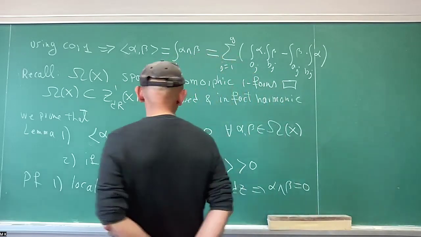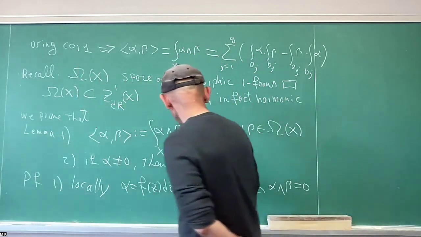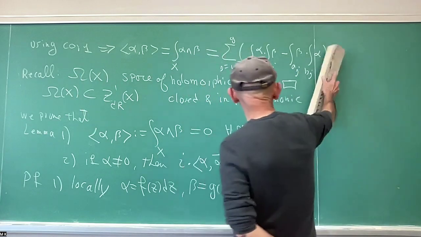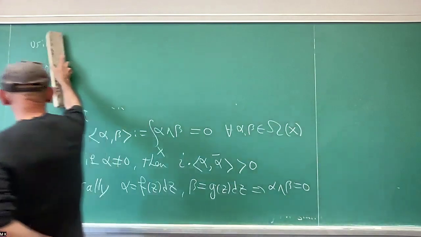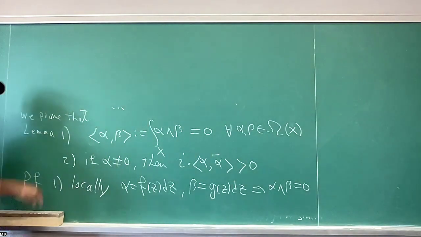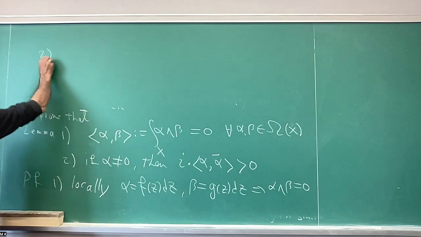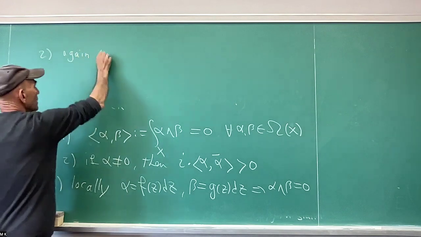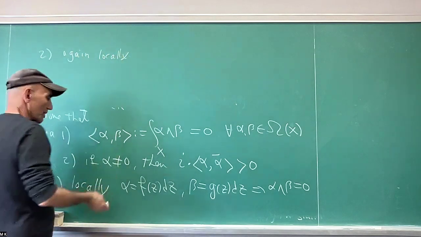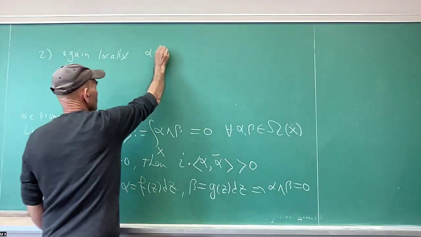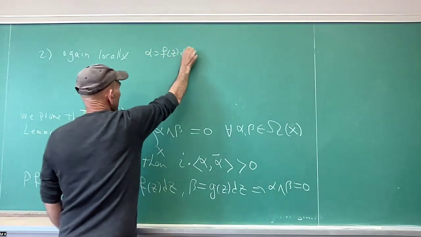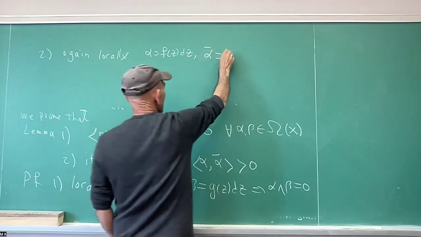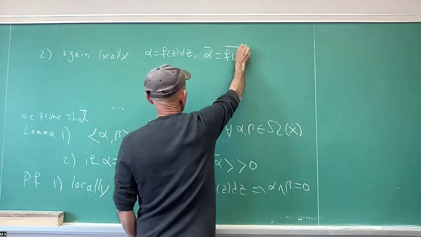That's for holomorphic ones, but this here is different. This is holomorphic and anti-holomorphic. But this is also not difficult if you use again a holomorphic coordinate system. So let me just recall again the proof of 2. Again, locally in a holomorphic chart, you can write alpha equal to f of z dz, and alpha bar is f of z bar dz bar.